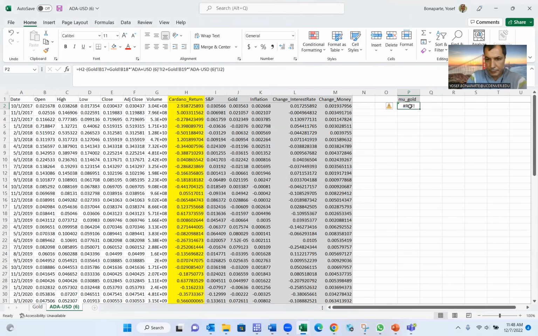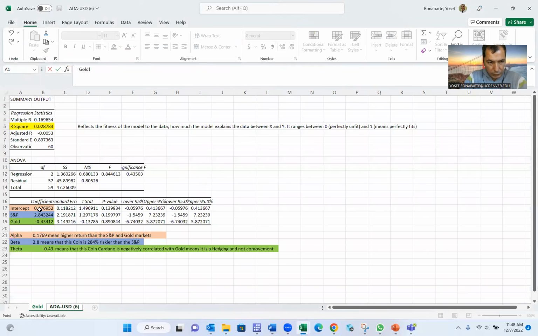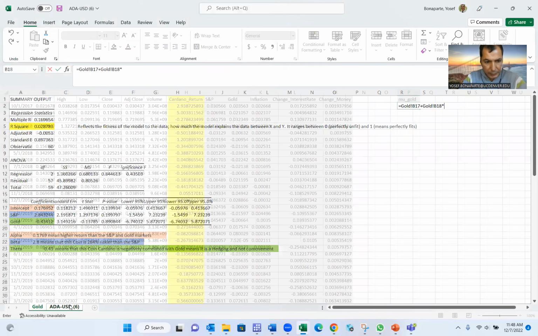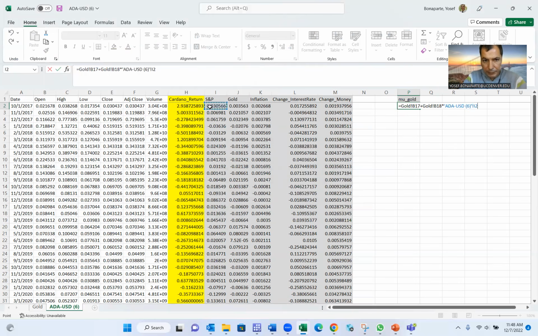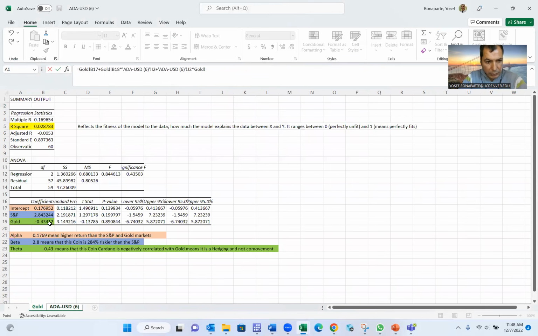Let me do it differently. Equal to this, plus this multiplied by S&P, plus gold multiplied by this.